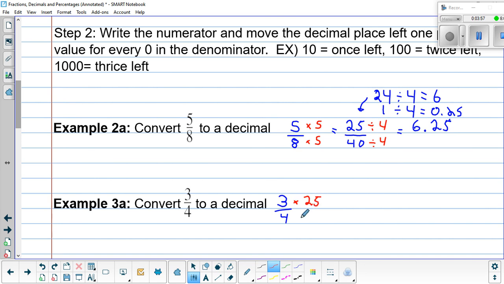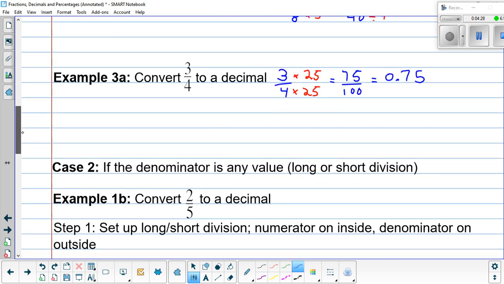We know that there's 4/25s in 100, so we're going to just times it by 25, and we'll find that we have 75 over 100, which is decimal 75. Because we've done this all before, using this trick is just using equivalent fractions for the most part, and knowing that dividing by 100 will just move it twice. Okay, so that's method 1.